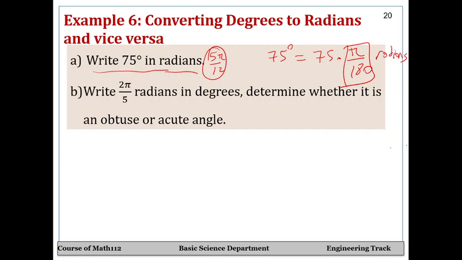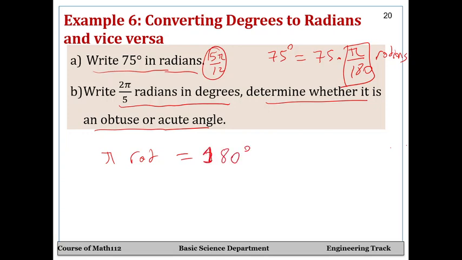Now, let's do the other way. It says write this one in degrees and determine whether it is obtuse or acute. So if you want to go with pi radians equal to 180 degrees, you can use this one. Pi over 5 radians is equal to how many degrees?